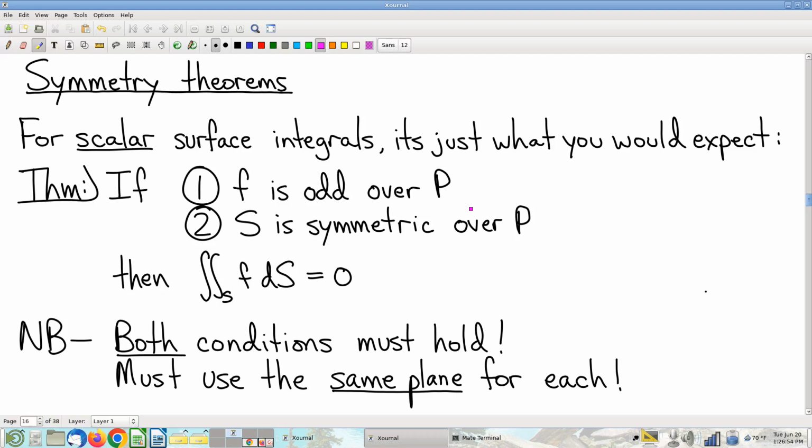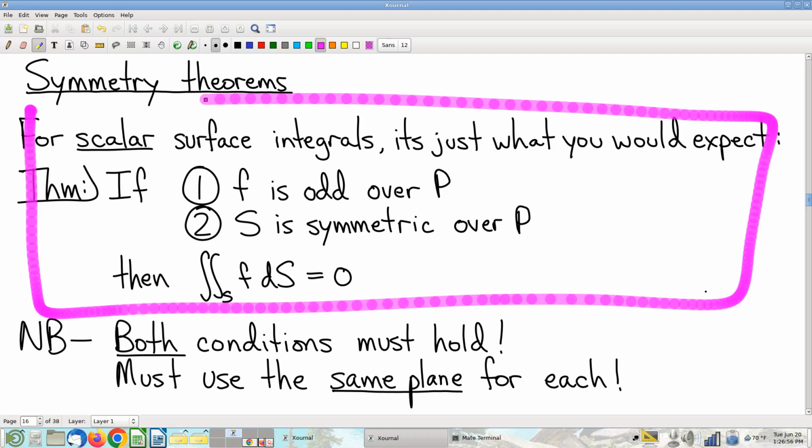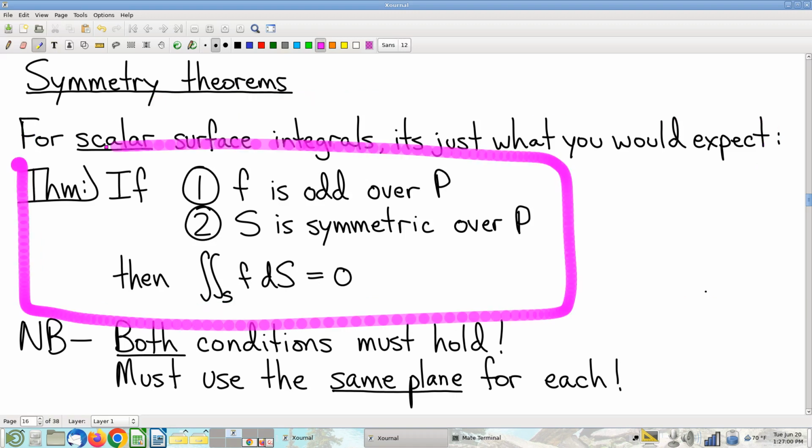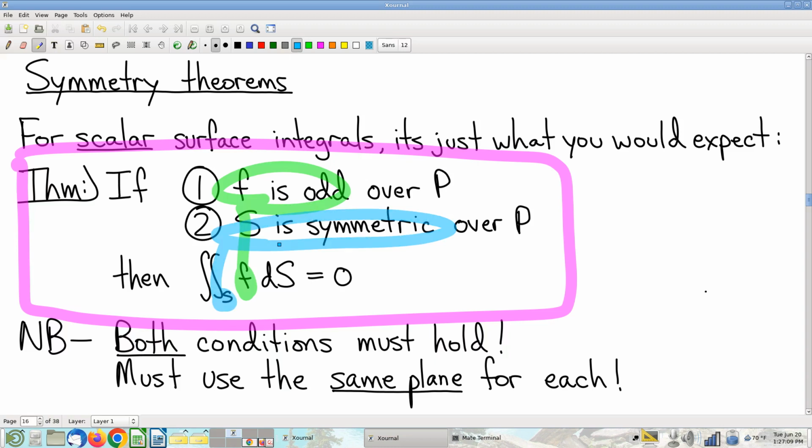So, as you would expect, here is a symmetry theorem for scalar surface integrals. That's exactly what you would think. If your integrand is odd and if your domain is symmetric, mind you, it does have to be both of these conditions.